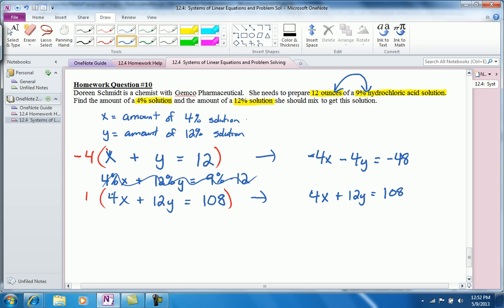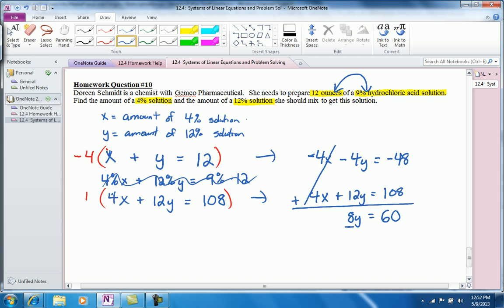Alright, so I'm going to add these two. Notice my x's cancel, which was my goal. -4x plus 4x eliminates. -4y plus 12y is 8y. And -48 plus 108 is 60.